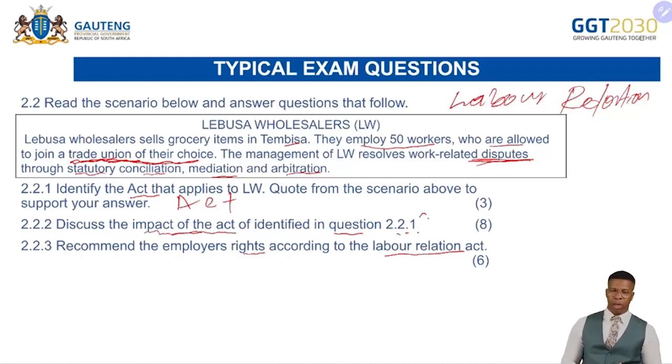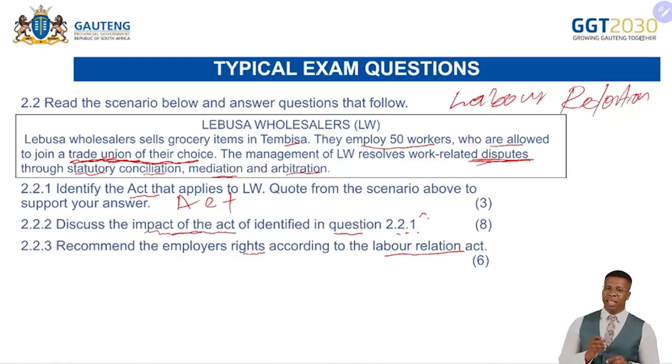And somewhere, somehow, you should also be smart, because remember, part and parcel of the broad-based Black economic empowerment talks about a pillar called skills development. So if the question is like identify a pillar, and then the scenario talks about a business that ensures that they improve their skills, you should know that when they're saying identify the pillar that is applied by the broad-based Black economic empowerment, the answer is no longer the Skills Development Act, but the answer is now skills development as a pillar of the broad-based Black economic empowerment.